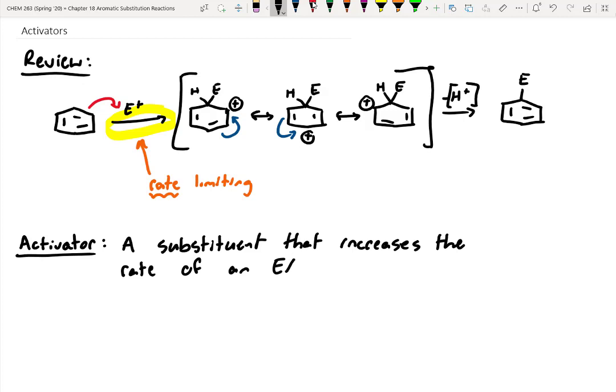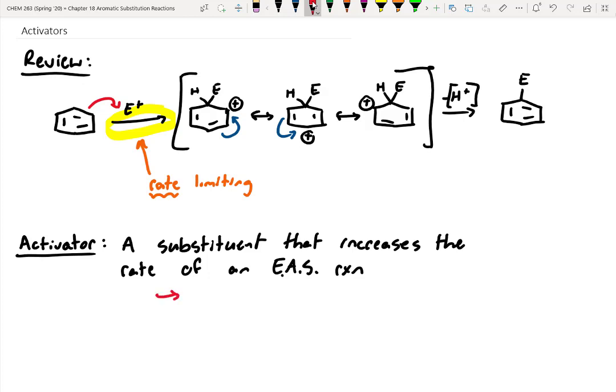And I'm just going to call this our EAS, or electrophilic aromatic substitution reaction, just to save us a little bit of space right here. So it's supposed to make that rate limiting step occur faster, and there's two different ways that it can help this reaction to occur faster.